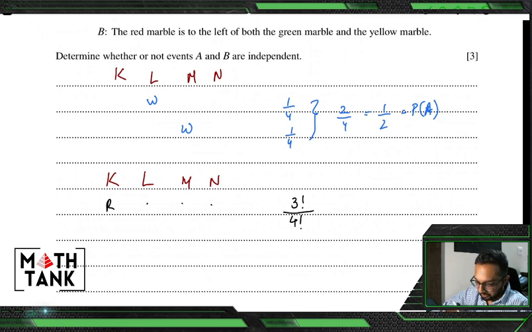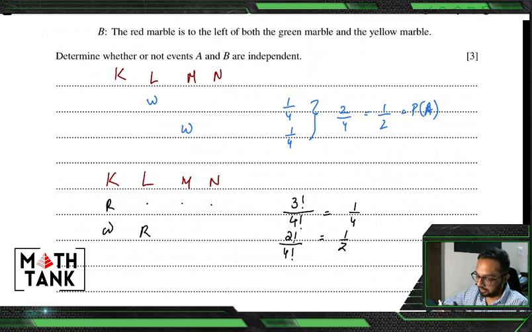Or it could also be a possibility that the red is here and the green and yellow are here, but in any order. That automatically means that the white needs to be here. So another possibility is 2 factorial divided by 4 factorial, because both white and red have gotten fixed. So 3 factorial over 4 factorial gives me 6 over 24, gives me 1 over 4. And 2 over 24 gives me 1 over 12.